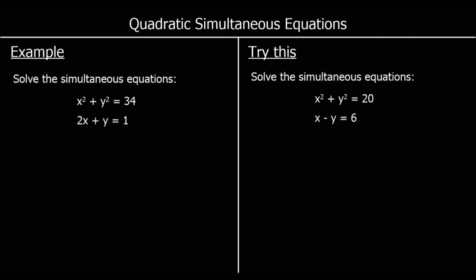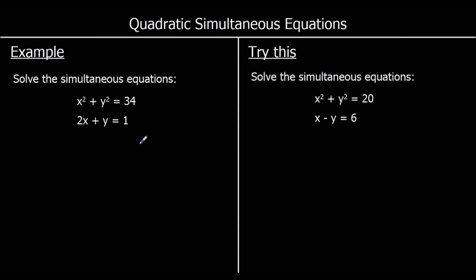Okay, another simultaneous equation. This time, the first equation is a circle, but that doesn't make a difference. And the second equation is again a linear equation. It is not in the form either x equals or y equals. We need to make it in that form.